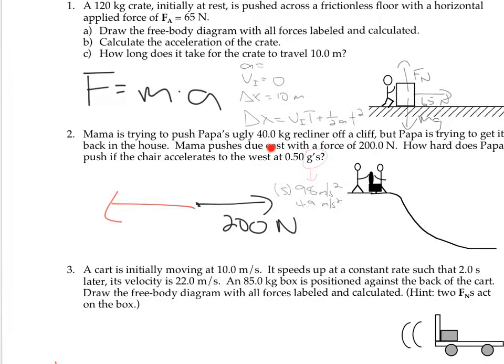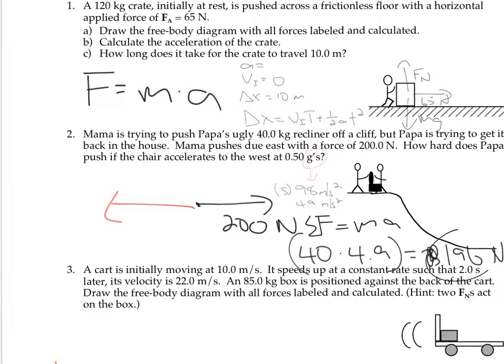We've got the mass of the recliner, so we simply take 40 times 4.9, and that gives us 196. I think it comes out to 196. You can double check me on this. And so this means that according to the equation, sum of the forces equals mass times acceleration, the sum of the forces is 196.